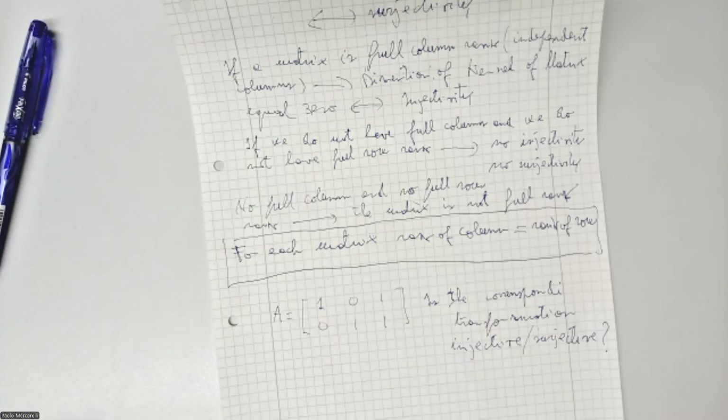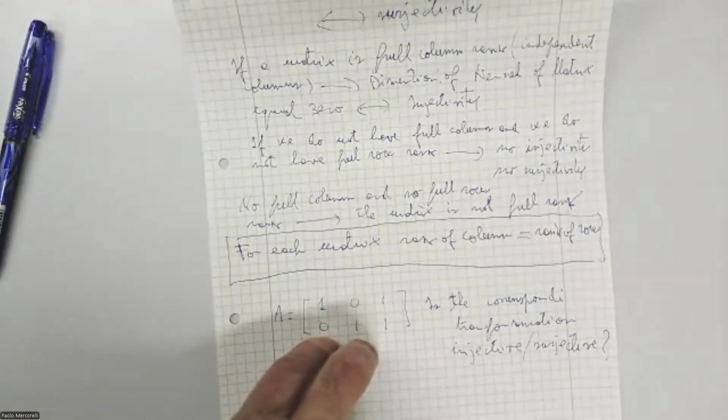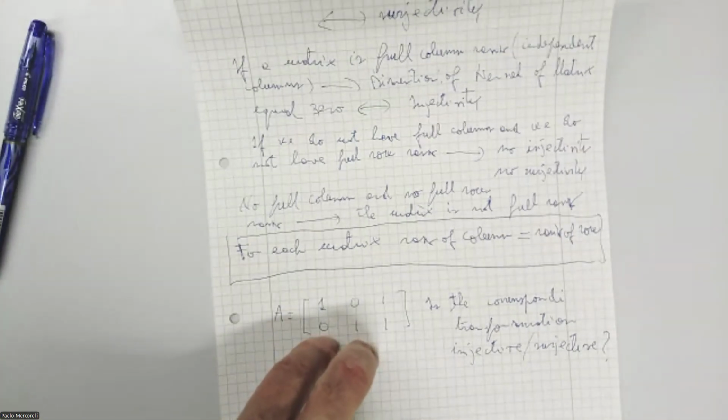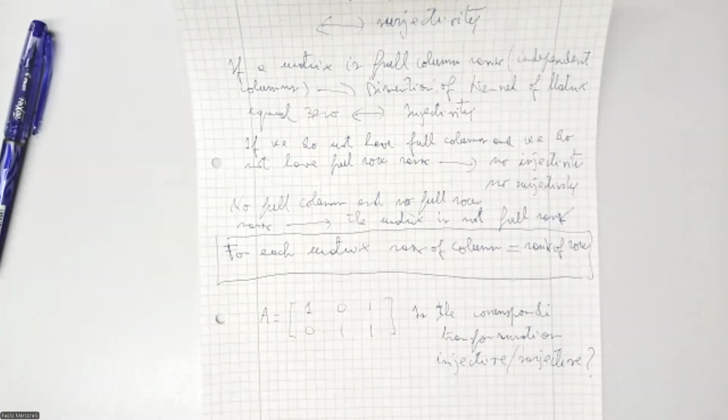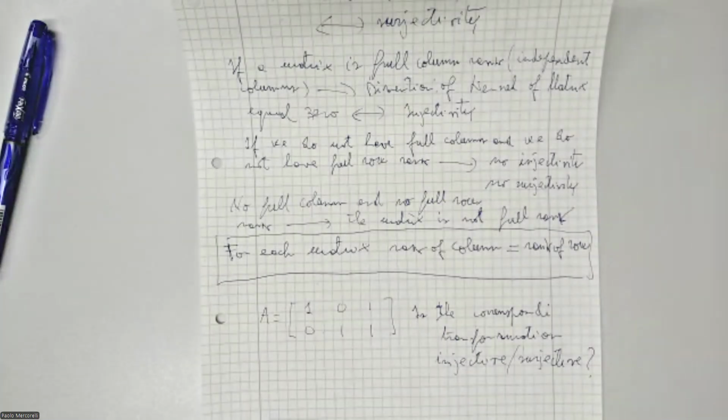Or it's probably easy to see, what is the number of independent columns? Or if you like, what is the dimension of independent rows?